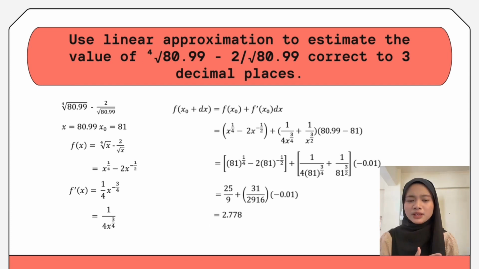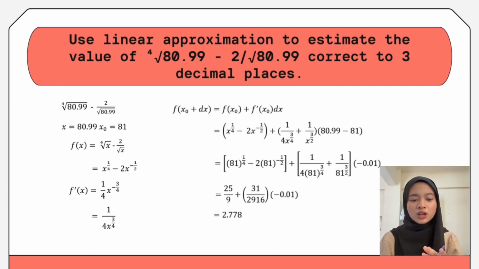The last step is we just have to substitute the f(x) equation and f prime x into the equation given to us. So the equation is f(x naught plus delta x) equal to f(x naught) plus f prime x naught multiplied with delta x. For f(x naught), we just take the equation of f(x), which is x to the power of 1 over 4 minus 2x to the power of negative 1 over 2, plus f prime x naught.